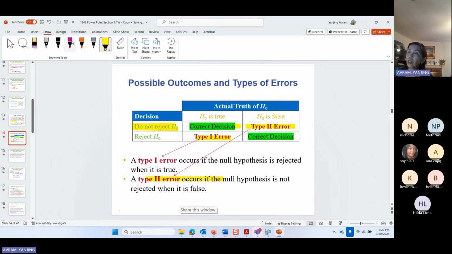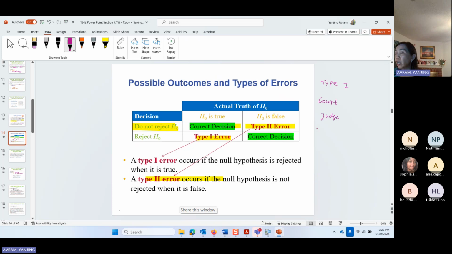I like to compare type 1 and type 2 error with the court system. When you go to court, you have a judge, and the judge says everyone is innocent until proved guilty.